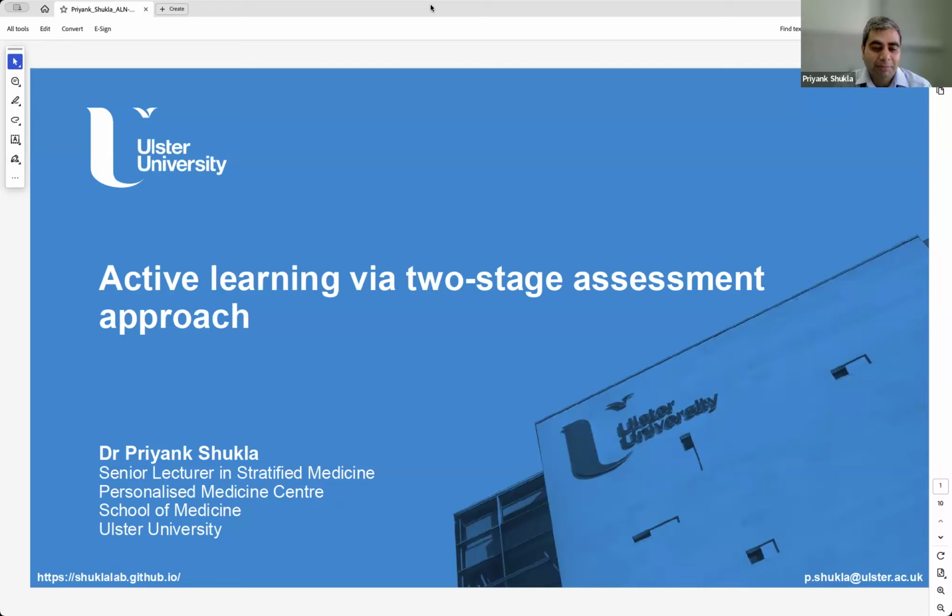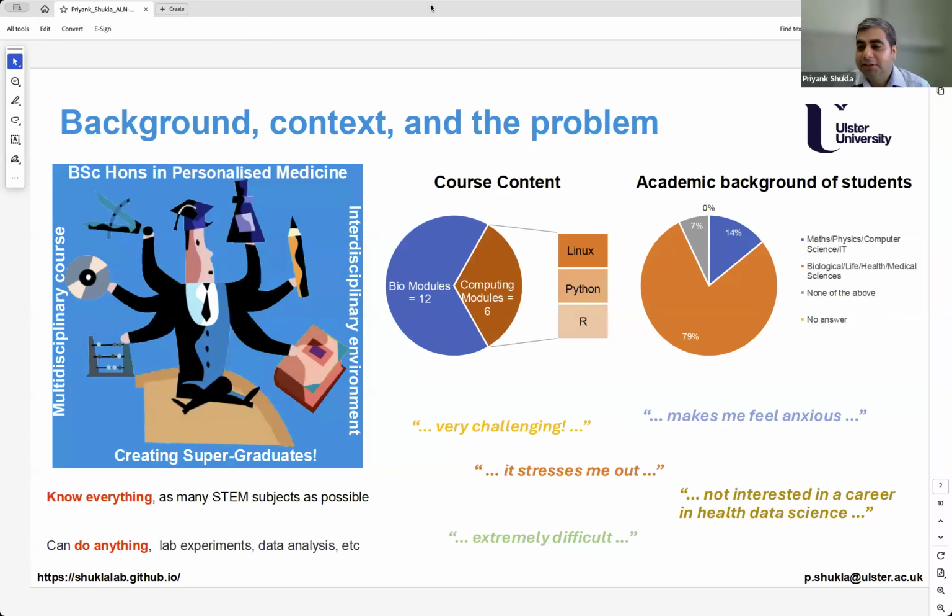And then during my PhD, which was in computer science, I further improved my programming knowledge and experience. Now here in the School of Medicine at Ulster University, I teach programming to personalized medicine students. And these are undergraduate students, so BSc honors in personalized medicine.